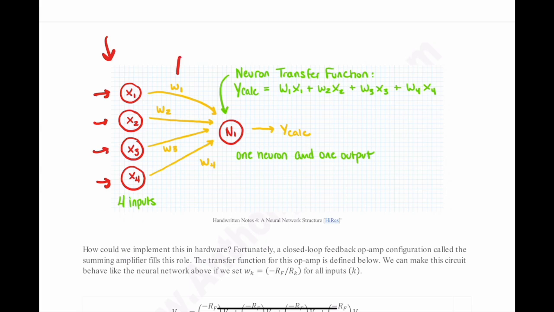Each one of them has its own corresponding weight, and they are supplied to our neuron, which has an activation function, and it essentially spits out W1 x1 plus W2 x2. You can see the pattern. It's the weight times the input. It's a weighted sum. So we have 1 neuron and 1 output.